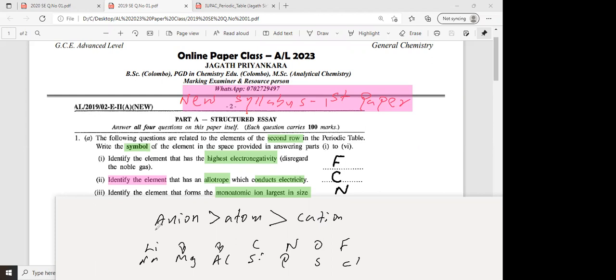Anion with greater charge, anion with higher charge. Please write it. Out of anions, the one with the highest charge is largest in size.